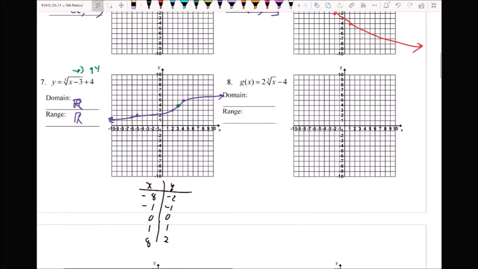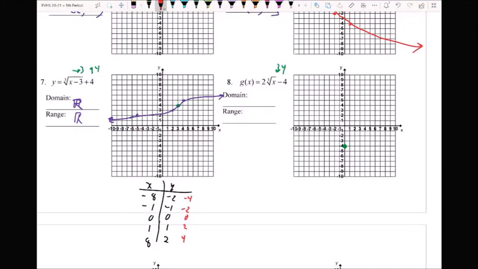Okay, for number 8, we're going to go on, and I've got my -4, which means that is a shift down by 4, no horizontal shift. So the center of my cube root is going to be at 0, -4. Now I do need to multiply all of my values by 2, so this will be a -4. -1 times 2 is -2, 0, 2, and 4. Let me go to the point 1.